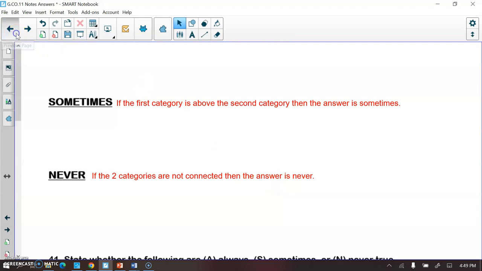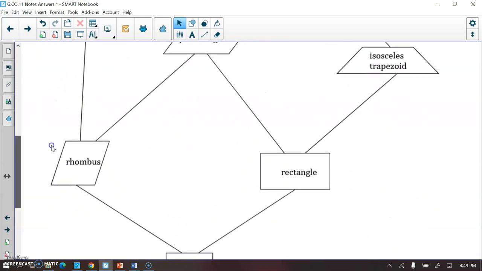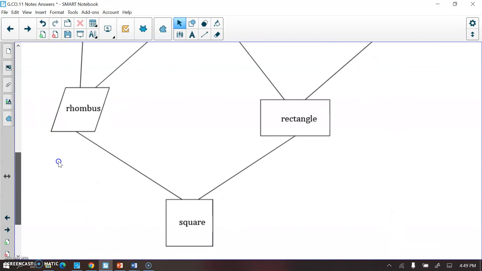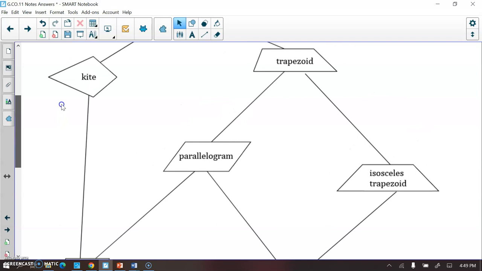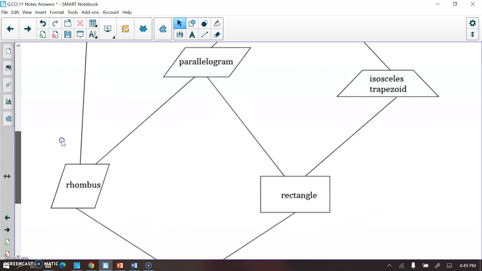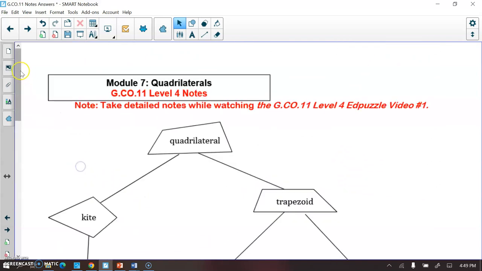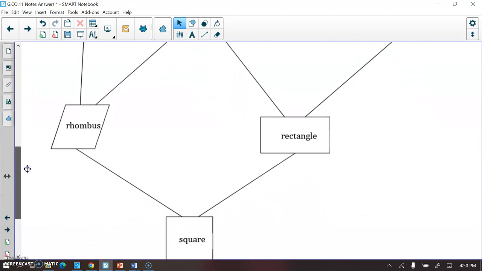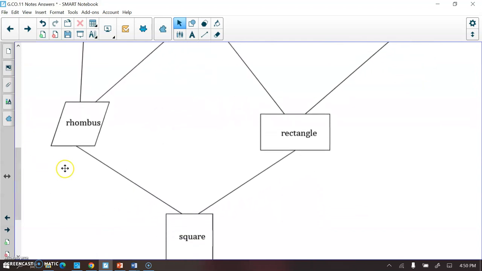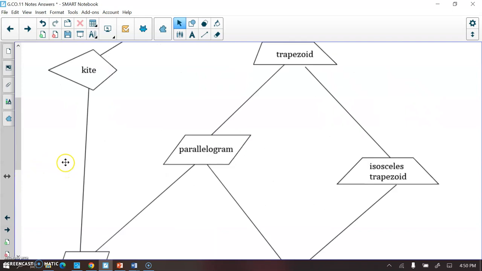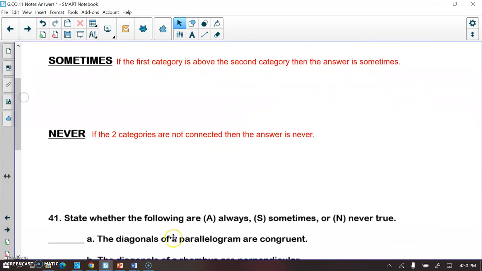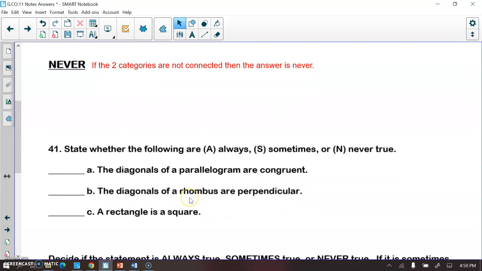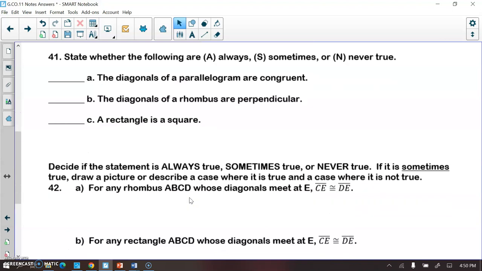So looking at the hierarchy, technically, all of these are connected in a way. So there may be instances where we answer never to a statement, and we may get an example of that.